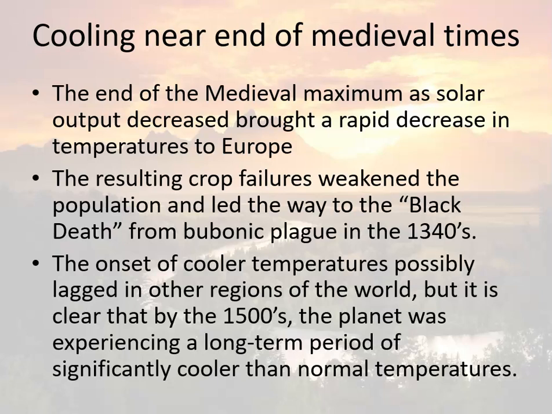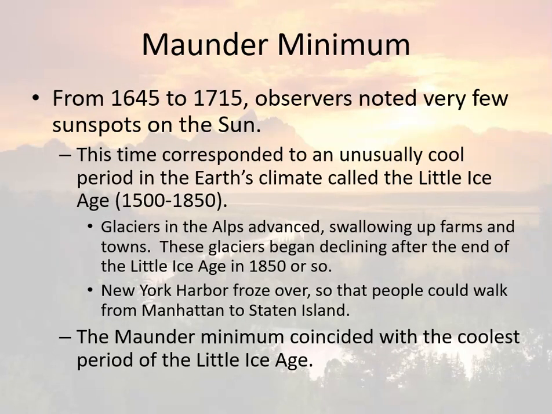Now, eventually, the temperatures got cool enough that we were talking about quite significantly colder than average temperatures. In fact, some of the coldest temperatures that we had seen since the last ice age. As such, we call this period that lasted from about the year 1500 to 1850 the Little Ice Age.